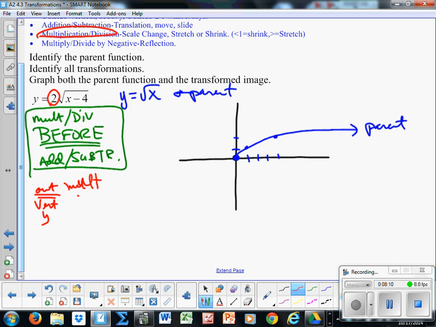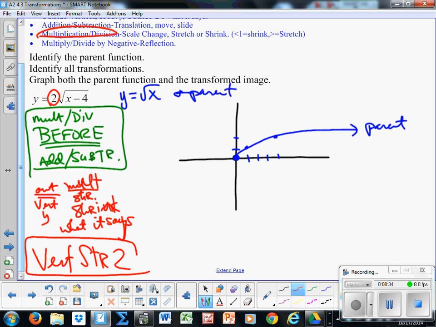If it's multiplication, it's either a stretch or a shrink. And if it's on the outside, you do what it says. So in other words, I am multiplying the y values by 2. So this is a vertical stretch of 2.